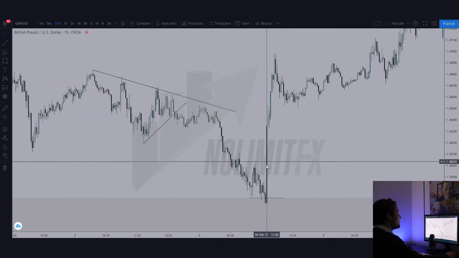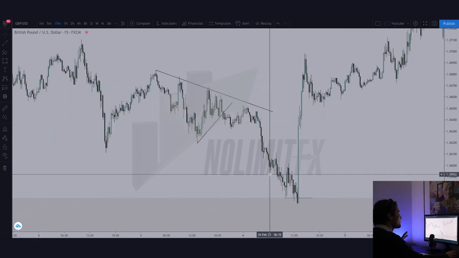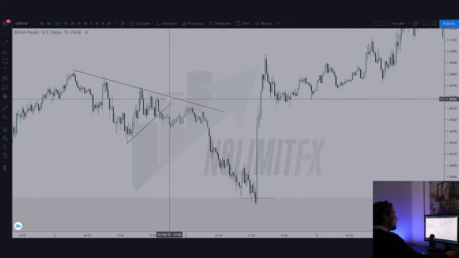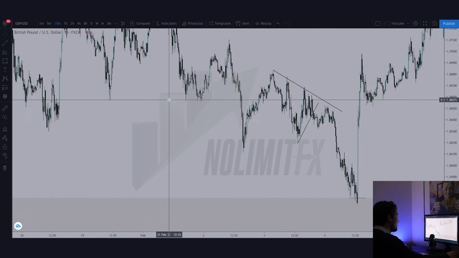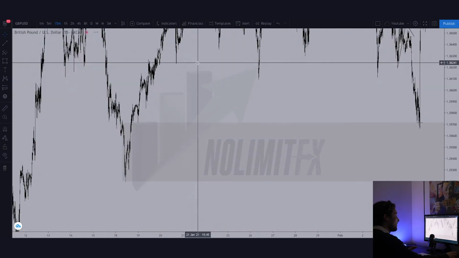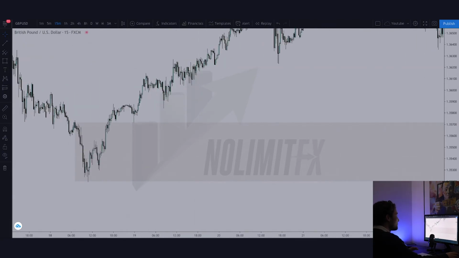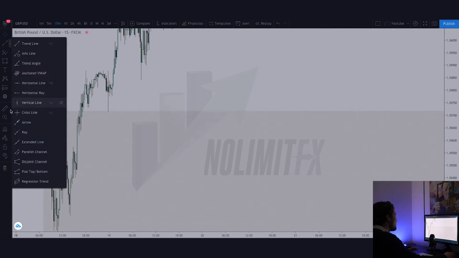So this big expansion comes from something, right? First of all, we have a lot of liquidity above. We have noticed that there is a lot of liquidity above and we are in a bullish environment. So if we zoom into the left, boom, what do we see here, guys?